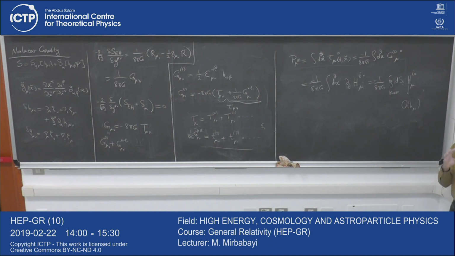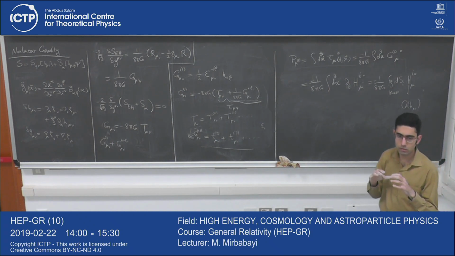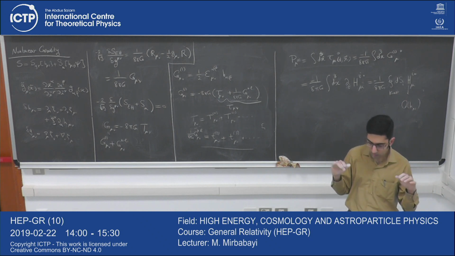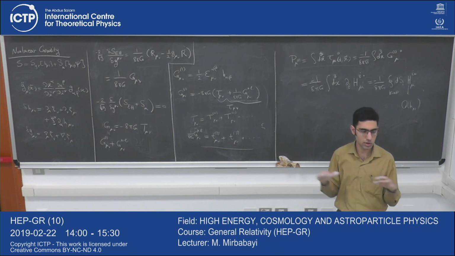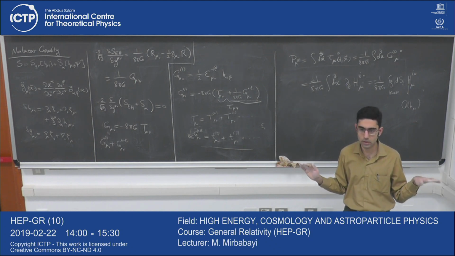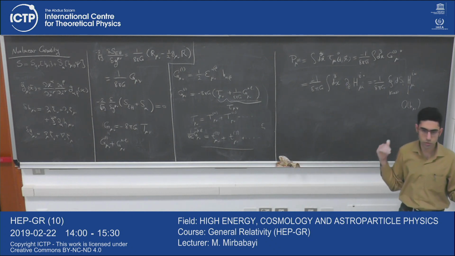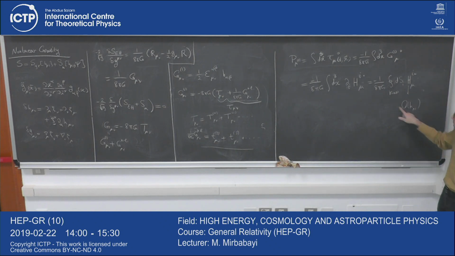Now, if I have some system which is even strongly gravitating, so that we have to use nonlinear equations and stuff, we can still imagine the situation in which the system is asymptotically Minkowski. So far away from the sources, we go back to Minkowski space, which means that this h mu nu at large distances goes to 0.